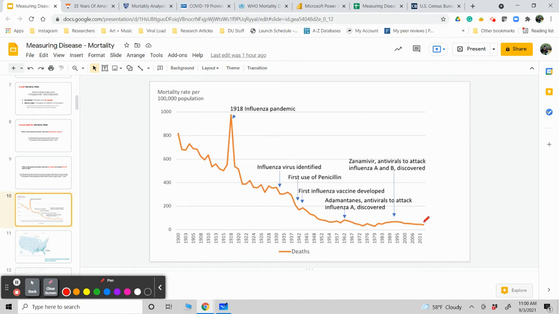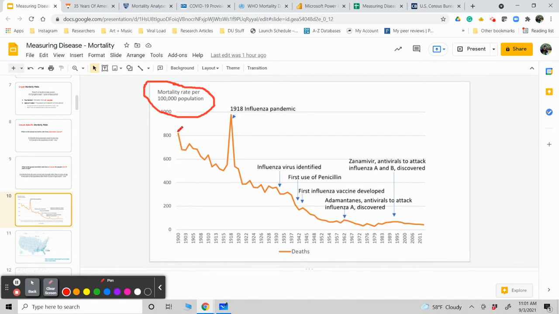It's gotten a lot larger. So, to make a fair comparison between years or across years, we need to control for that by including population in our calculation. So, mortality rate per 100,000 people is what we want to see.